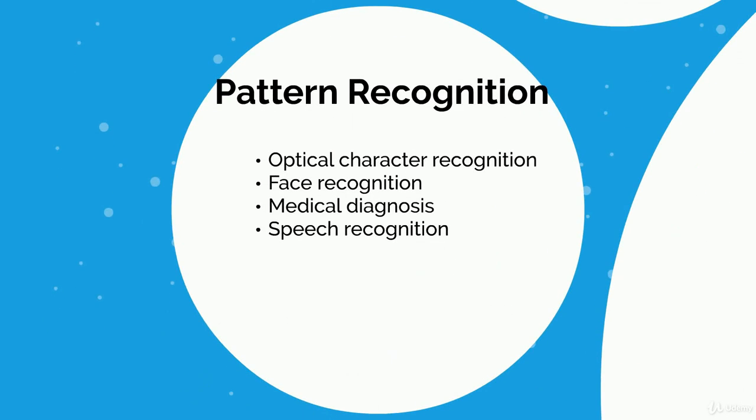Another feature that you can use classification algorithms for is pattern recognition. So in this scenario, you have optical character recognition, face recognition, medical diagnosis, and speech recognition. This list goes on and on. However, this is a main use case for classification algorithms. So let's talk about optical character recognition.